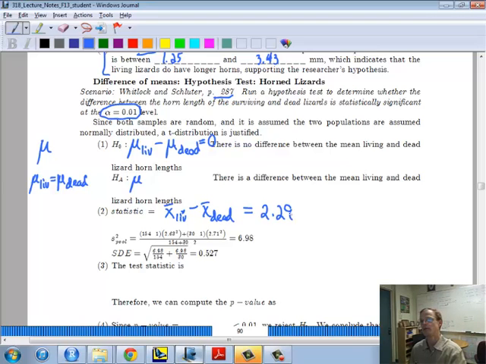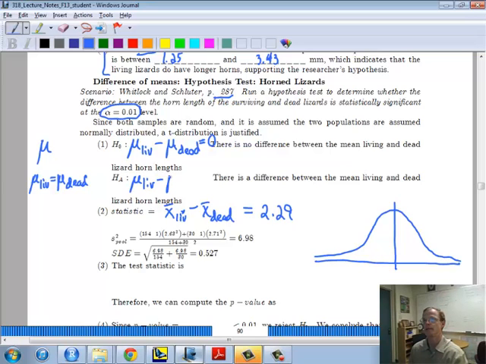We already did that in the previous one. Now I have a single statistic with a single distribution. So we can run this thing. That's the whole trick. And we had a discussion of this in the confidence intervals as well. So mean living minus mean dead not equal to 0.